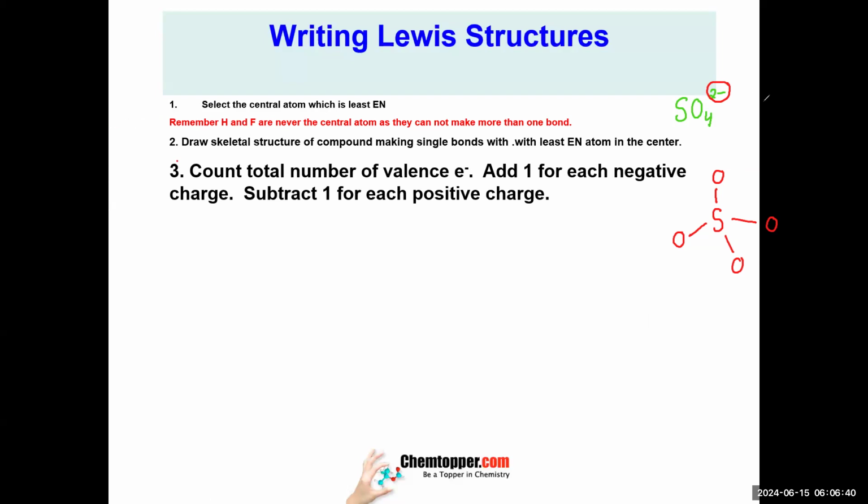So count the total valence electrons, which I will write as TVE. Sulfur has how many? 6. Oxygen, 4 times 6. And then this 2 minus means plus 2. How much is this total? Can you see that I have added 2 because there is 2 minus? I think 32.